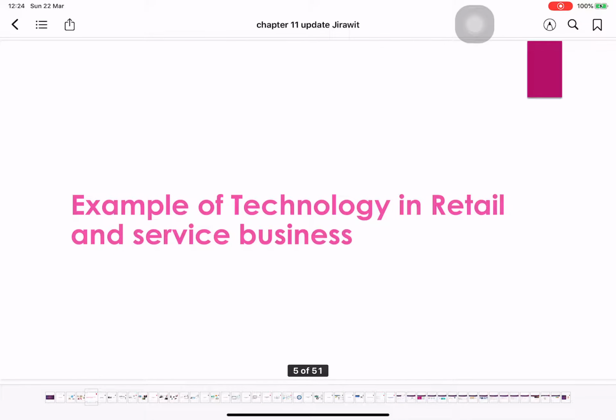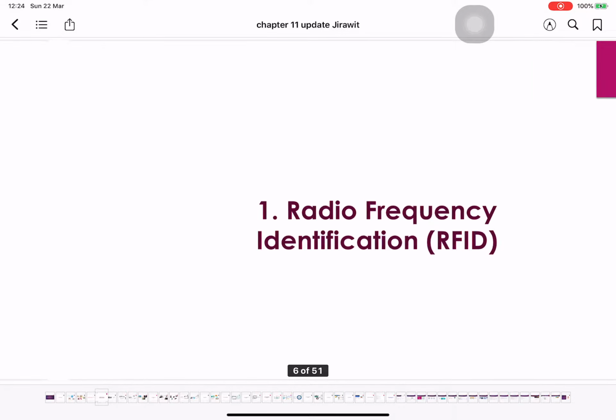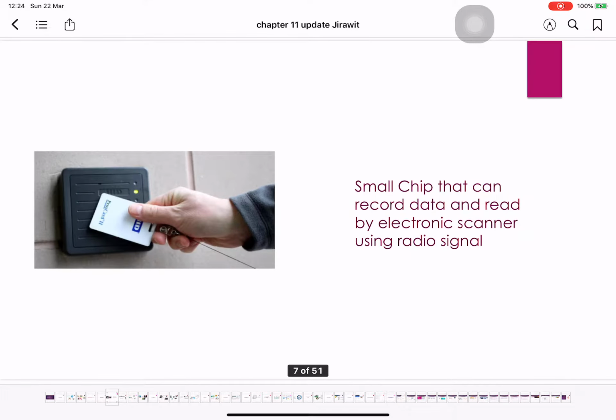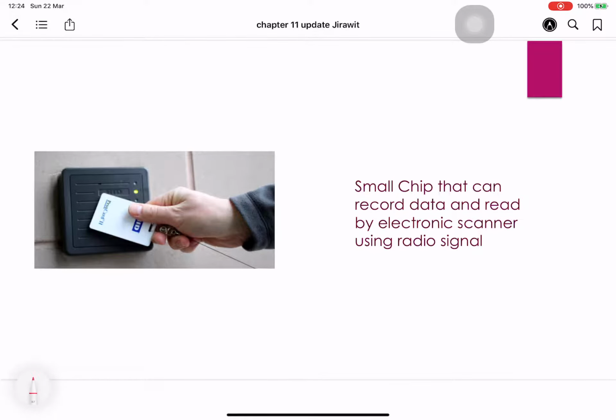Examples of technology in retail and the service business. The first one is radio frequency identification, or in short, RFID. I think everyone is used to this.